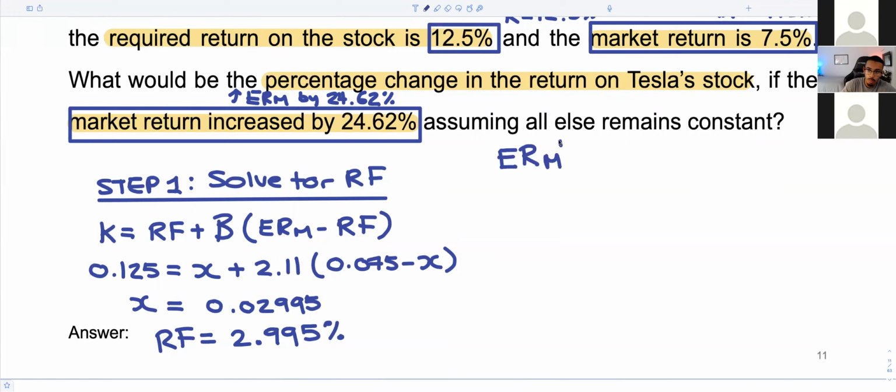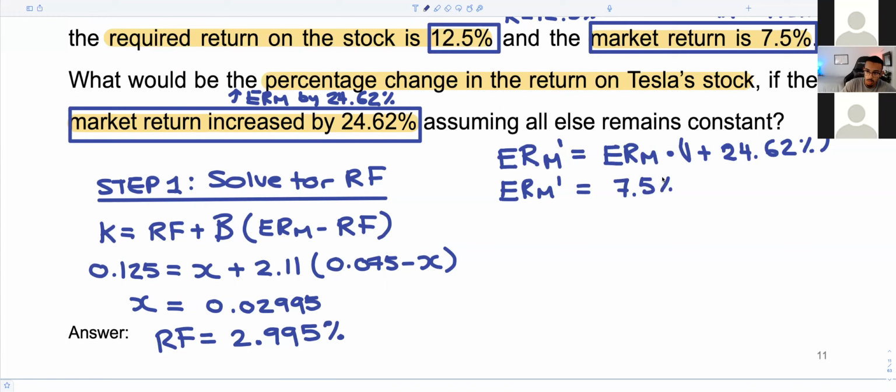We're going to have ERM prime, and that's simply equal to ERM, the first one, times 1 plus 24.62%. In other words, ERM prime would be equal to 7.5% times 1.2462.